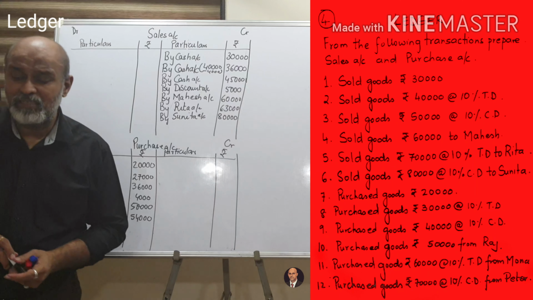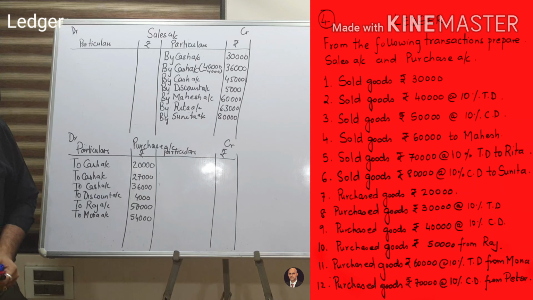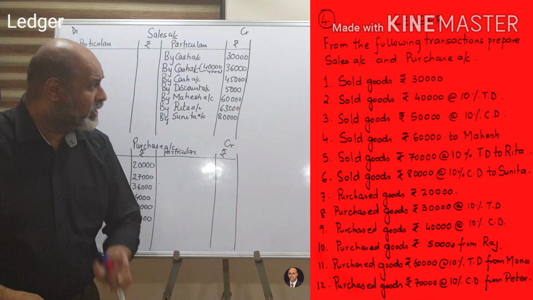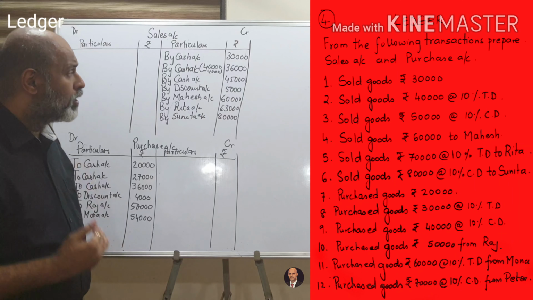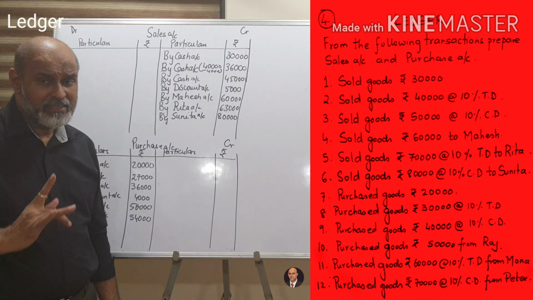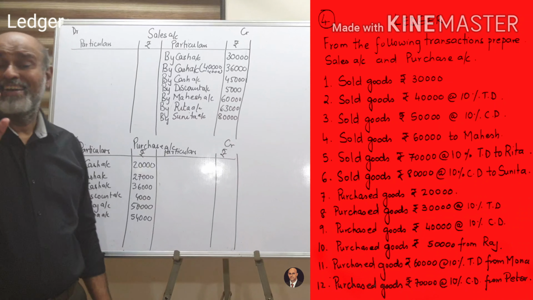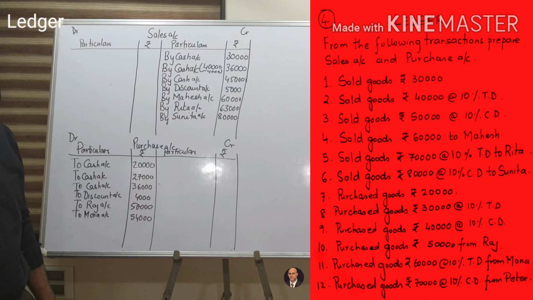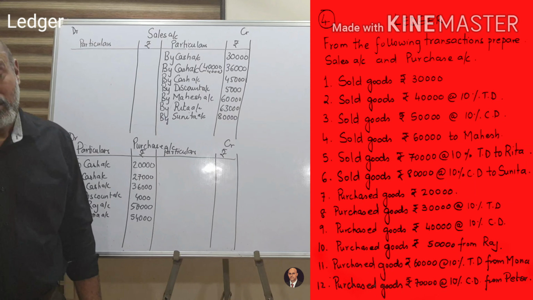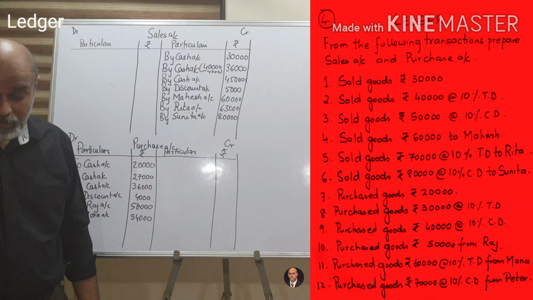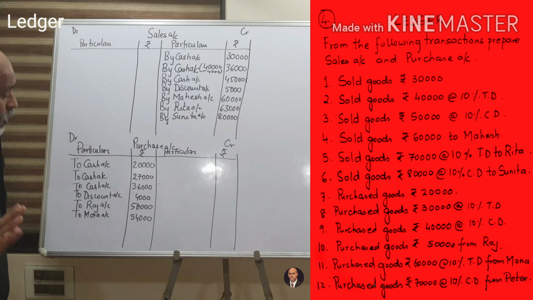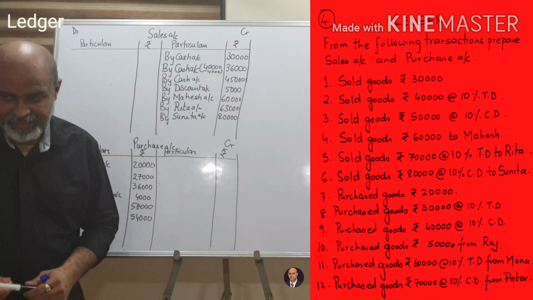Then I come to the last entry. Purchase goods rupees 70,000 at 10% CD from Peter. Now what is happening is that we are purchasing goods on a credit basis, which means that we are going to make the payment at a later date.